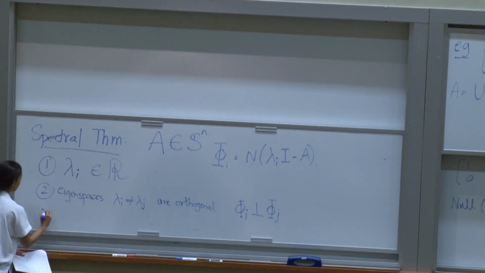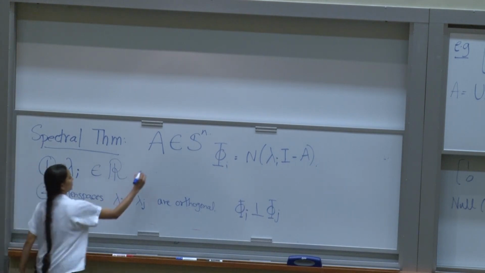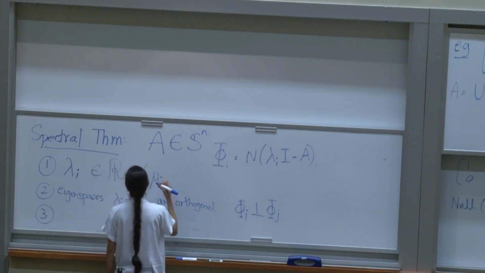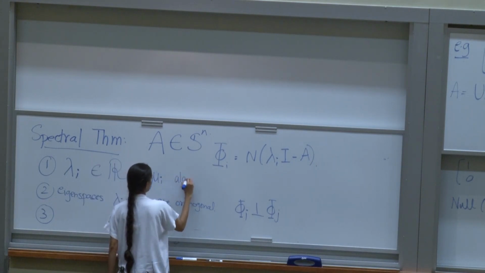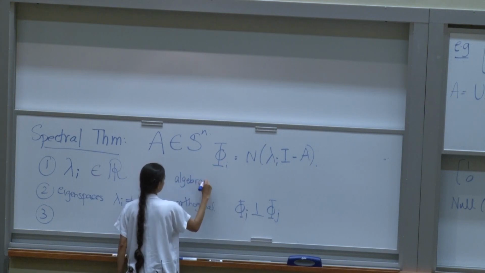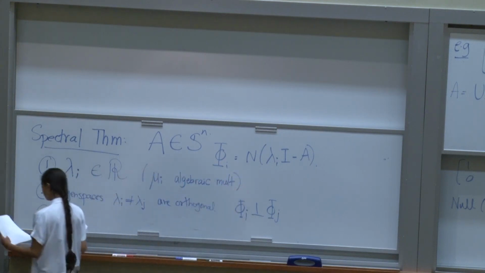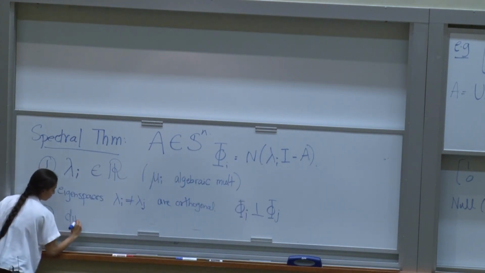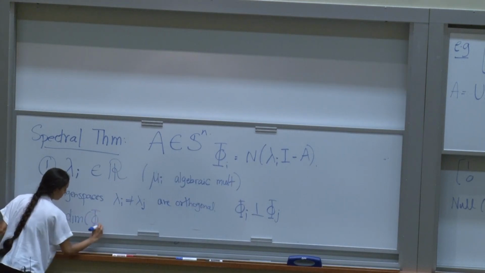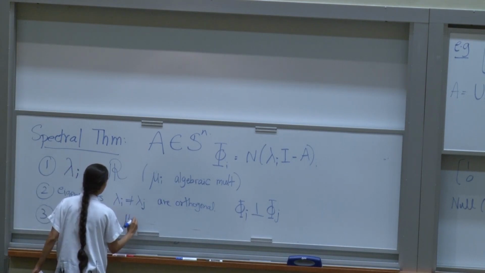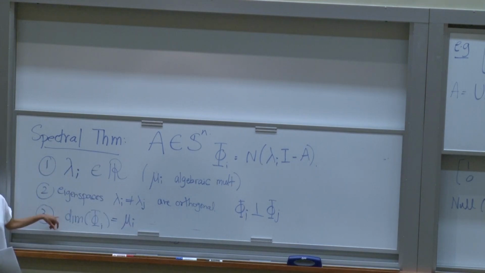And the third thing is that if mu I is the algebraic multiplicity of lambda I, then the dimension of the corresponding null space is equal to mu I. So basically, this is saying that the algebraic and the geometric multiplicities are always equal for symmetric matrices.